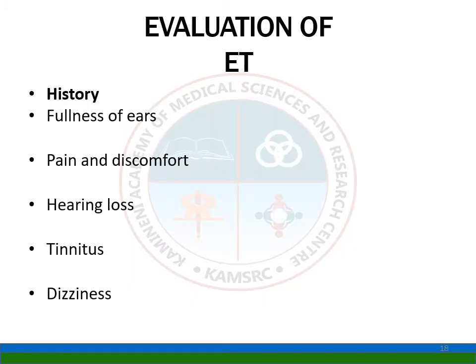How do you evaluate it? You can't see directly how the tube is. With the history, the patient will present with fullness in the ear, pain and discomfort in the ear, hearing loss, ringing sensation and giddiness.